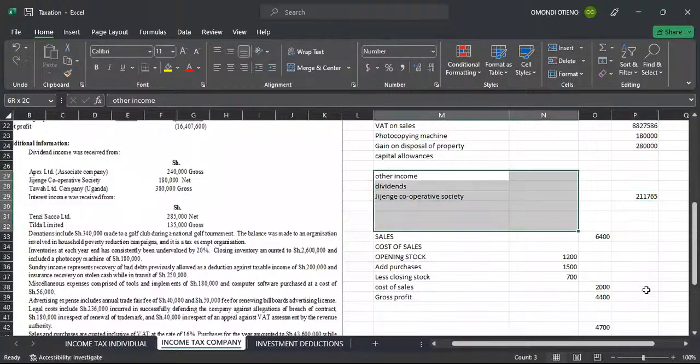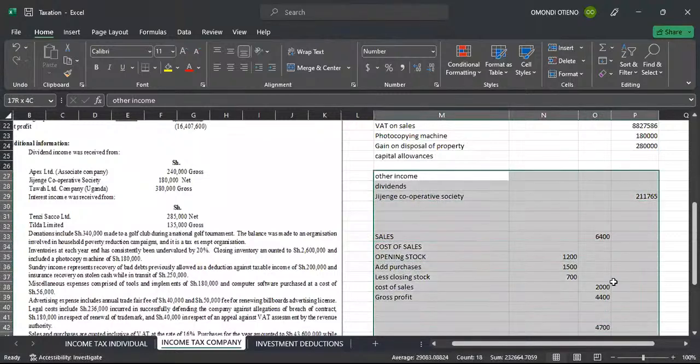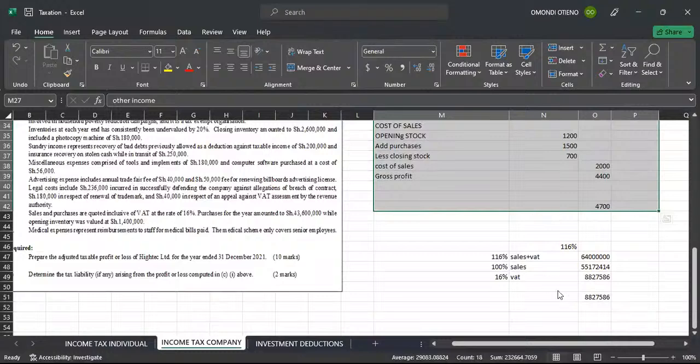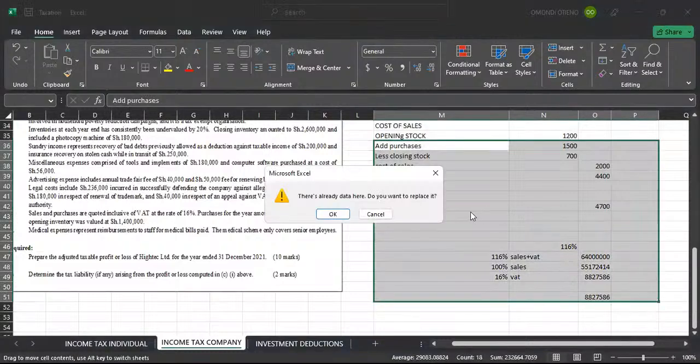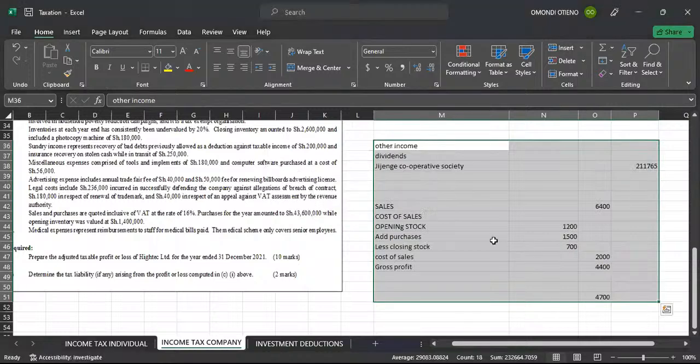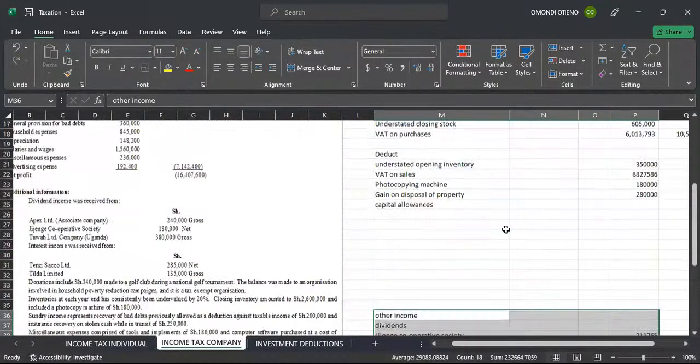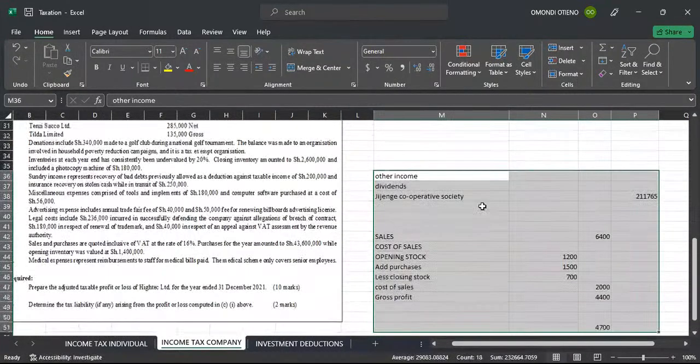I believe tunapatana hapo. That is what we've actually done.